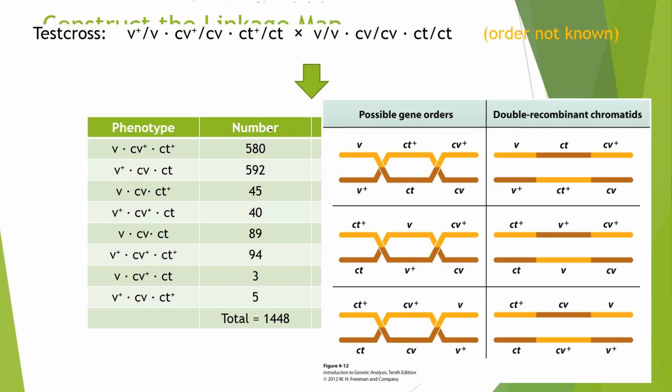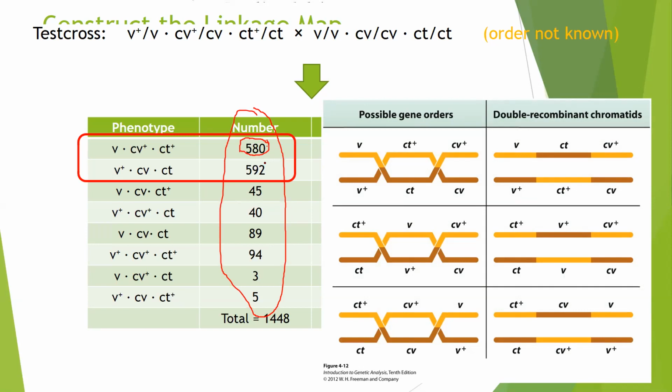From this output, you can immediately find out the parental type. The parental type represents the category with the largest numbers, no doubt. You can also immediately identify the double crossing over progeny because they represent the smallest group.